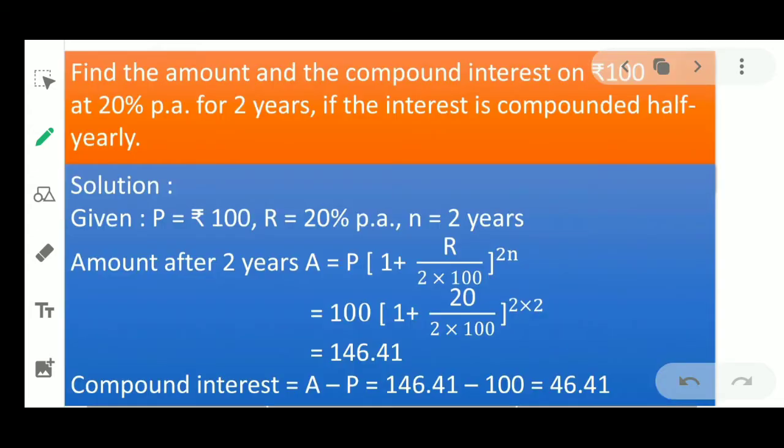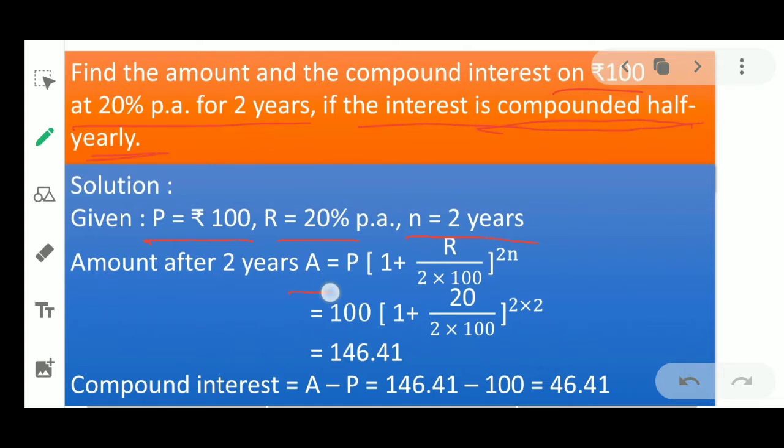Now look at this example. Find the amount and the compound interest on 100 at 20% per annum for 2 years if the interest is compounded half yearly. First write down the given data. P equals 100, R equals 20% per annum and n equals 2 years. Here the interest is compounded half yearly.